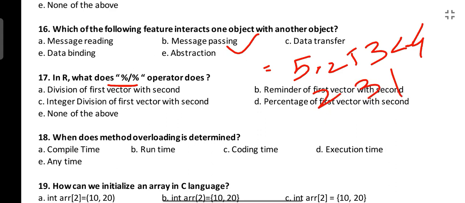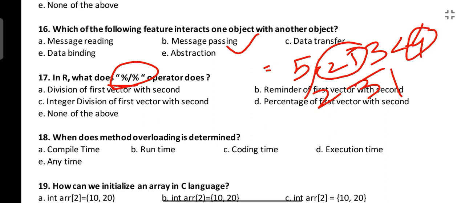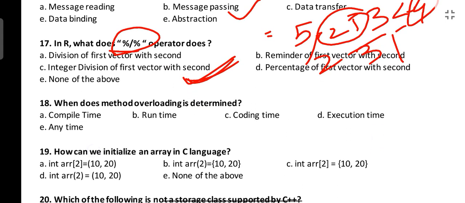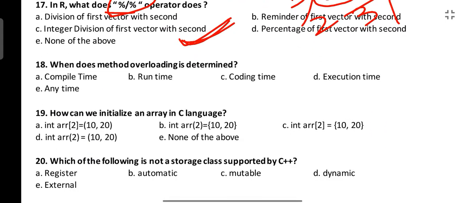Whenever we divide these using this operator, the part after the decimal point will be discarded. Only 5 by 2 will be performed, 3 by 3 will be performed, and 4 by 1 will be performed. That is known as integer division. So the correct option is option C. This question was asked in some exam. I don't remember which exam, but this was asked somewhere.